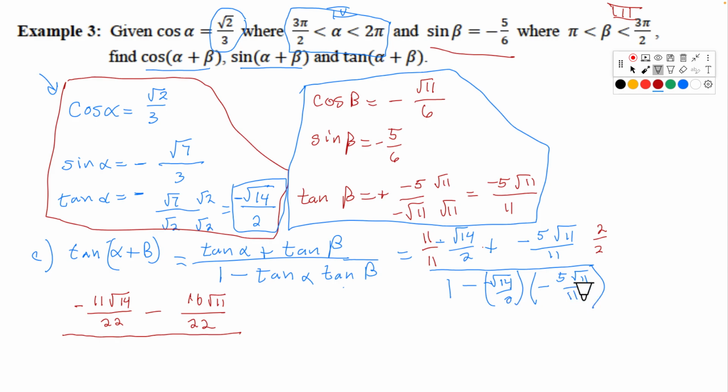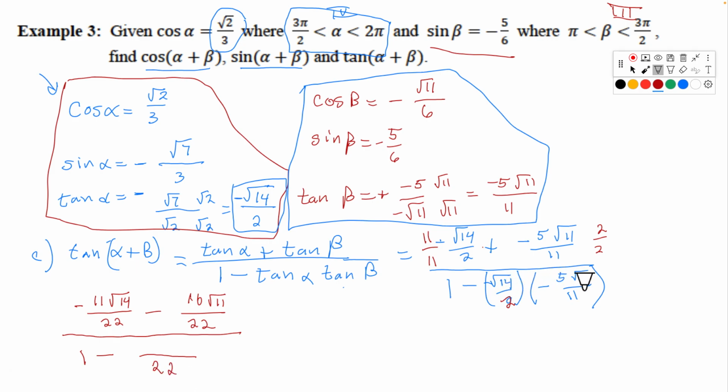And while we're at it, why don't we go ahead and just multiply these guys here. This is over 2. So this becomes 1 minus, oh wait, no, these are multiplied. I've got a negative here and a negative there. So negative times negative is positive. 2 times 11 is 22, so that's looking good.